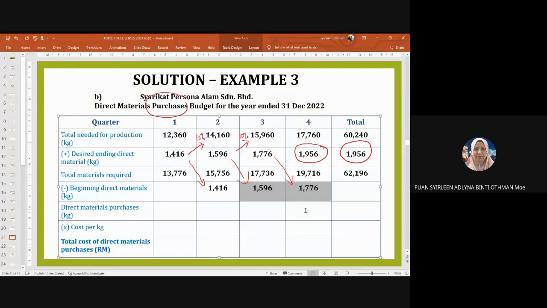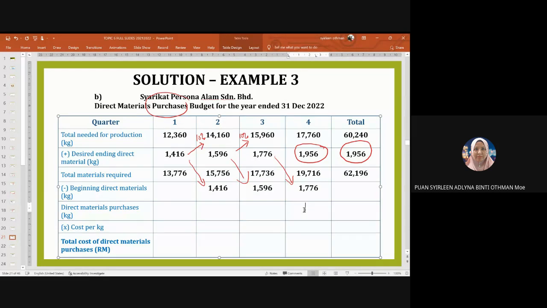Untuk quarter 4, nilai dia ialah 1776. Okay. Berapakah beginning inventory untuk quarter 1? Berapa beginning inventory untuk quarter 1? 1236. Yes. Thank you, Tiffany.